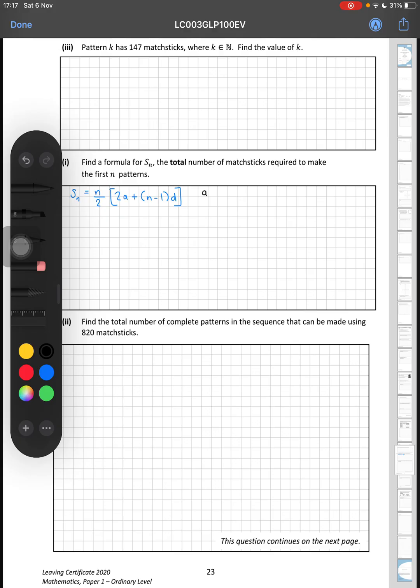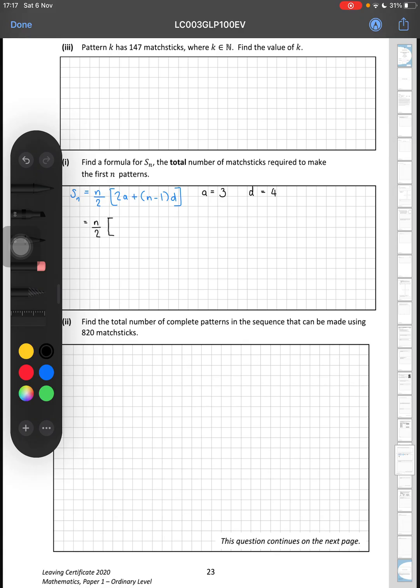Okay, so writing down that formula alone, we have 4 out of 10 marks for this question. Then we need to figure out what our different letters are that we're filling in.